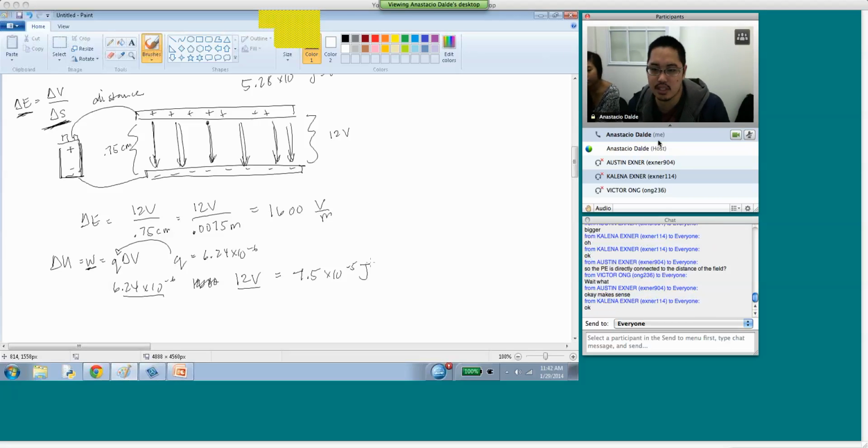So potential energy is directly connected to the distance of the field. Okay, wait. Victor is saying wait what? What is it that you're confused about?